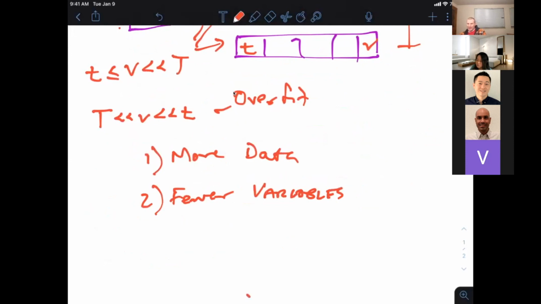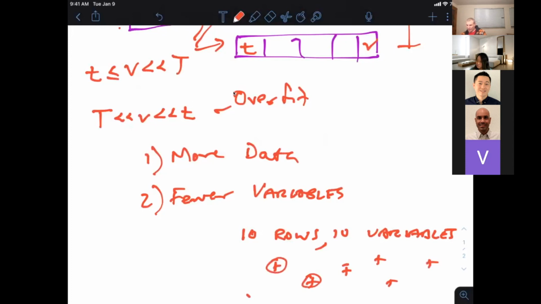Let's imagine that you had 10 rows and 10 variables. Then you might actually get a solution that was essentially one coefficient per point.